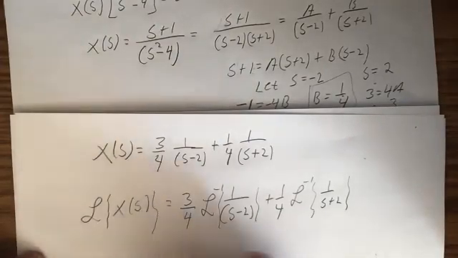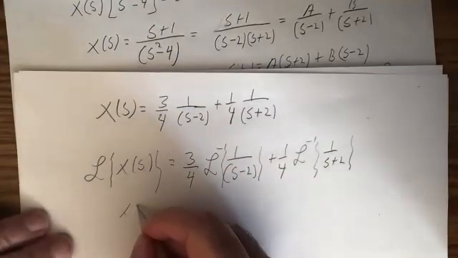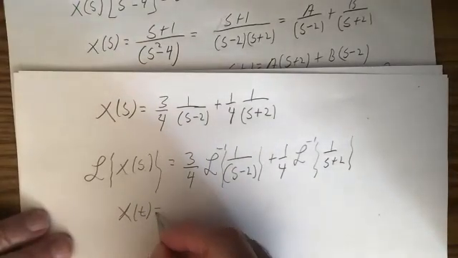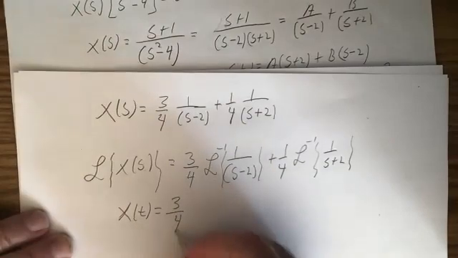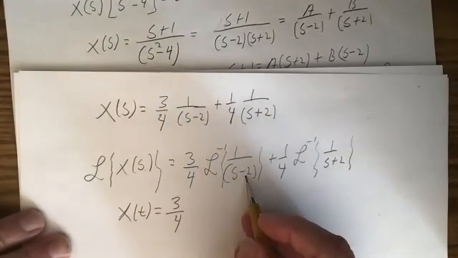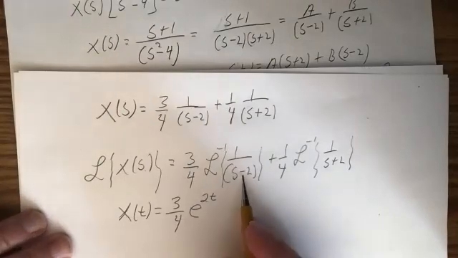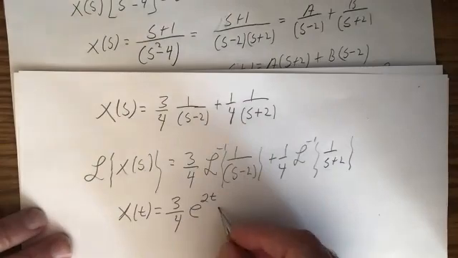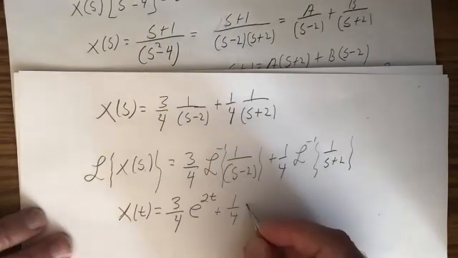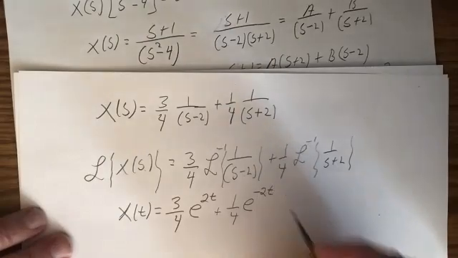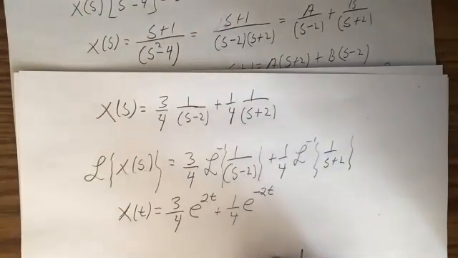Well, this is just e to the 2t, because the inverse Laplace transform of 1 over s minus 2 is e to the 2t. That's one of our Laplace transforms. And then this here is 1 over 4, and this is e to the minus 2t. So that's the solution. That's our answer.